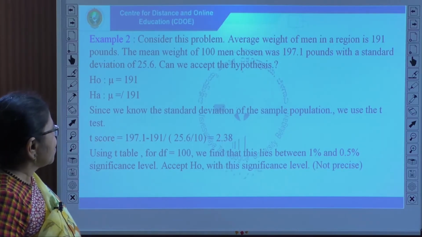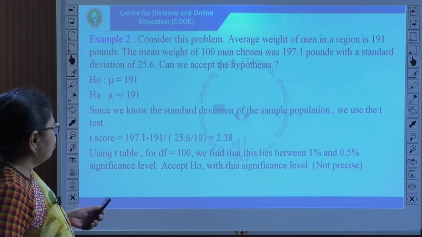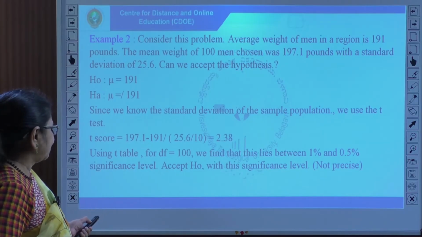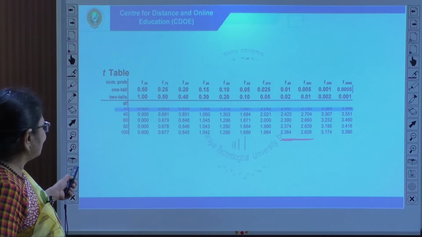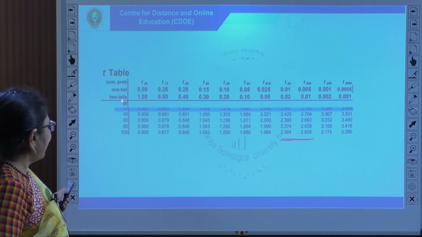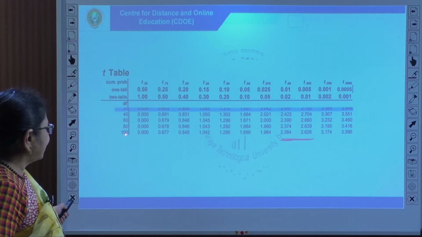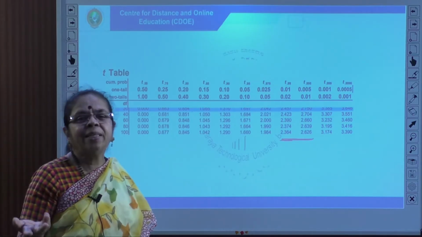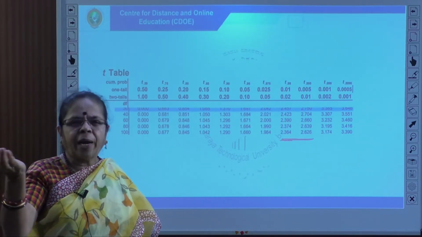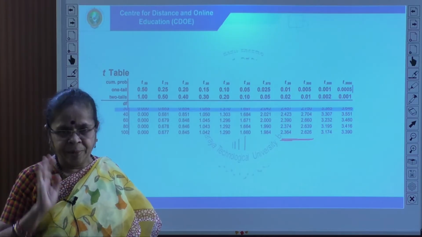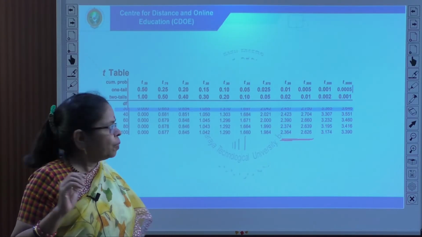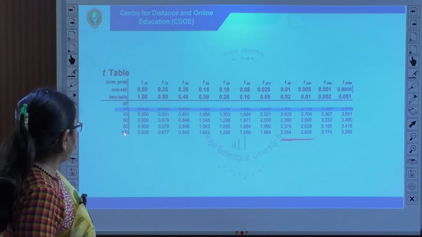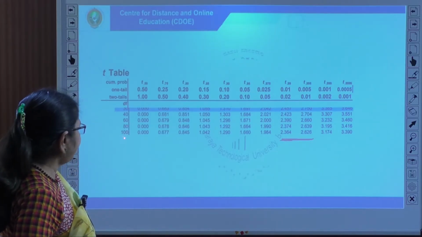Now let us look at the t table. My DF is 100 minus 1, which is 99. I do not have an entry for 99, so I will use the entry for 100. Just see how to use the t table.